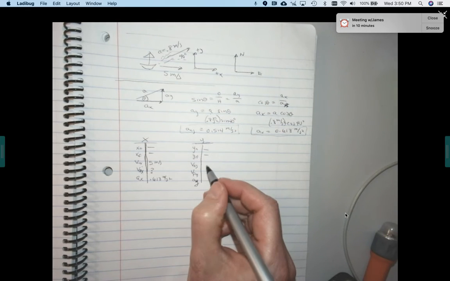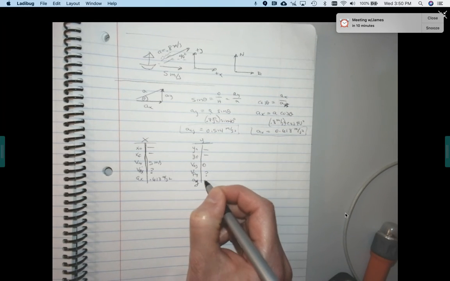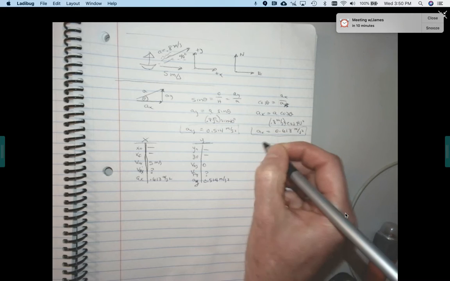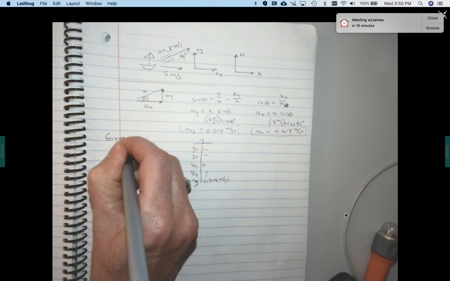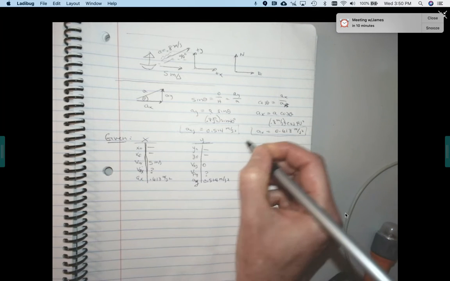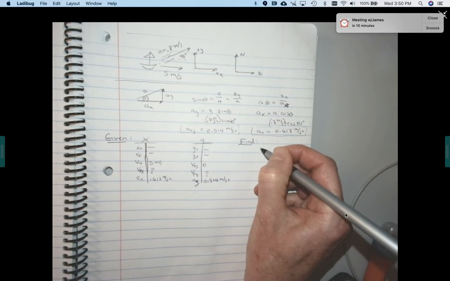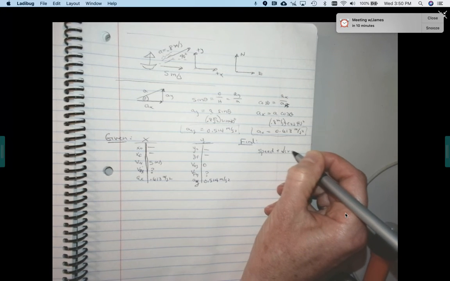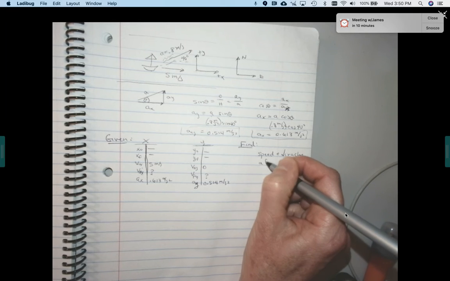It doesn't have any component in the north, so that's 0. v final y we don't know, and we do know that the acceleration here is 0.514 meters per second squared. Okay, so this is what we're given. And then we want to find the speed and direction after 6 seconds.